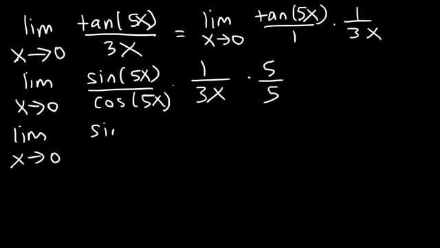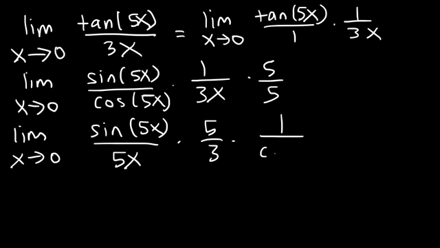So I'm going to keep the sine where it's located. And the x and the 5, I'm going to move it where cosine is. So now I have a 5 and a 3. So I'm just going to write 5 over 3. And I still have a cosine on the bottom.